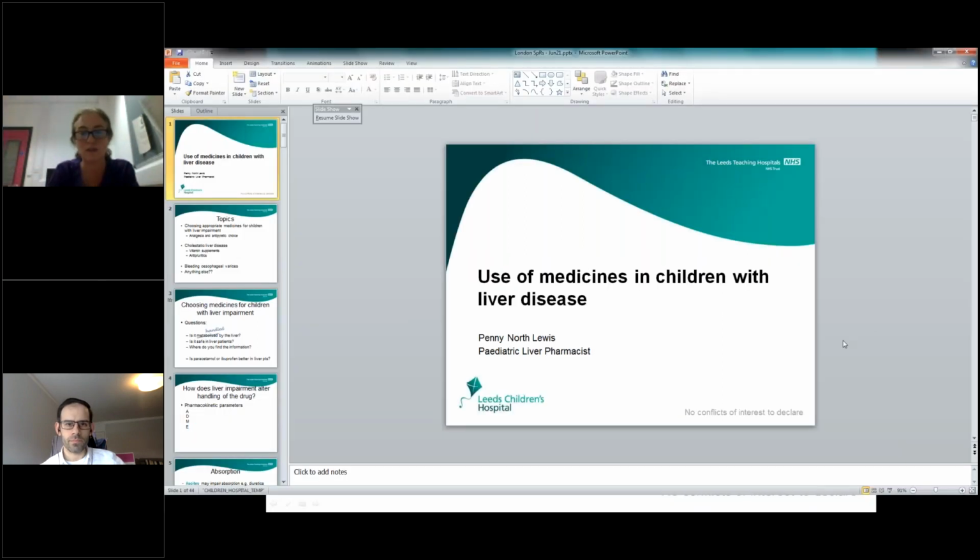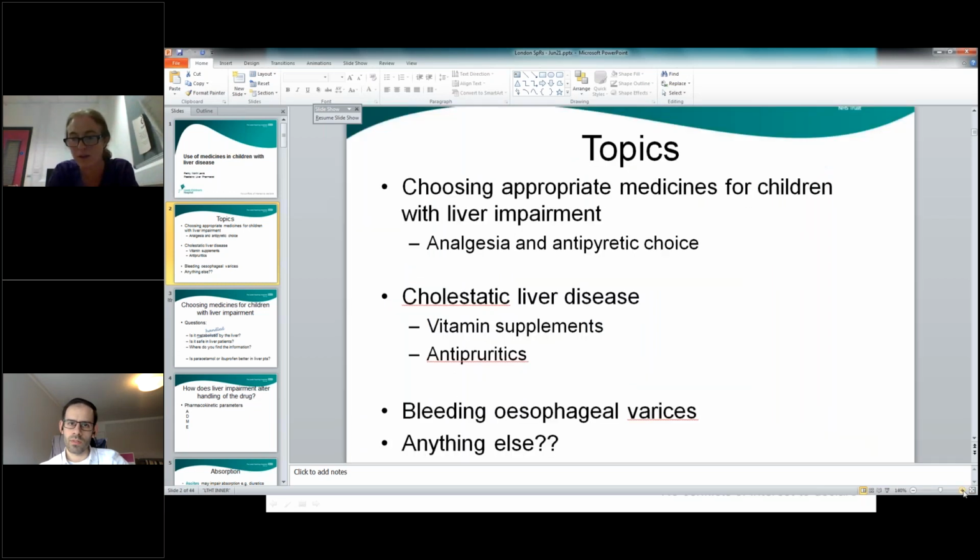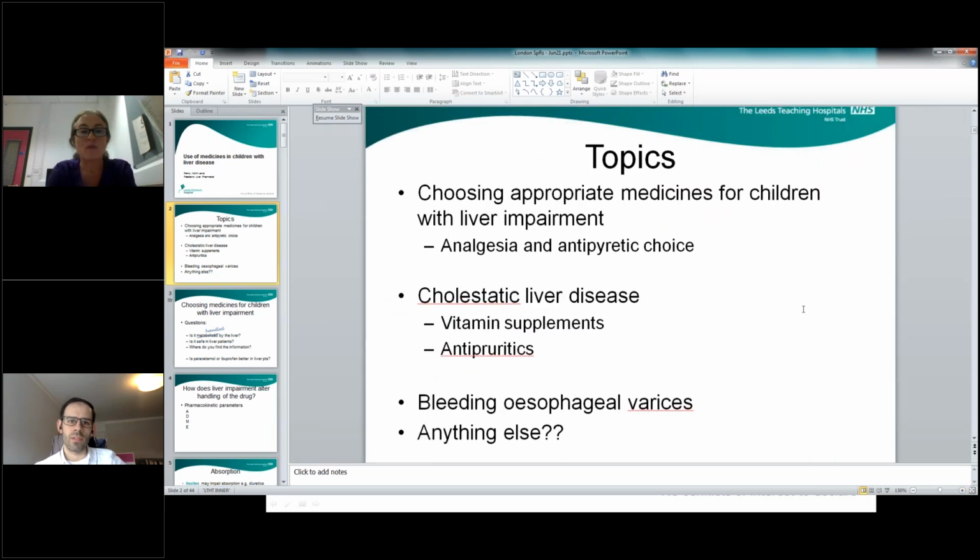So can you still see that screen? Yeah, if you press the plus button in the bottom right corner, just so it magnifies it a bit, then we can make the most of it. Yeah, okay, that kind of works, doesn't it? It's not quite as good, but it'll do. So the topics that, oh, that's still not quite right. Let me try and move the screen. There we go.